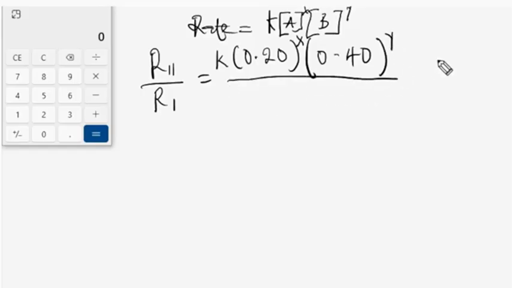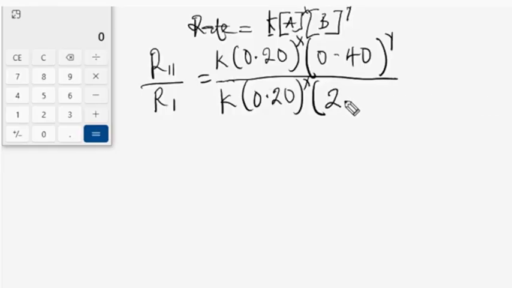So this is it. So for R1, for the rate 1, that will be K times concentration of A with respect to the first rate, which is still 0.20, raised to the power of X, and then for concentration of B with respect to the first rate, it is also 0.20.